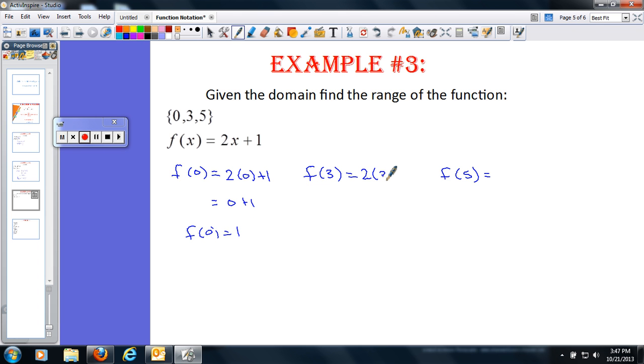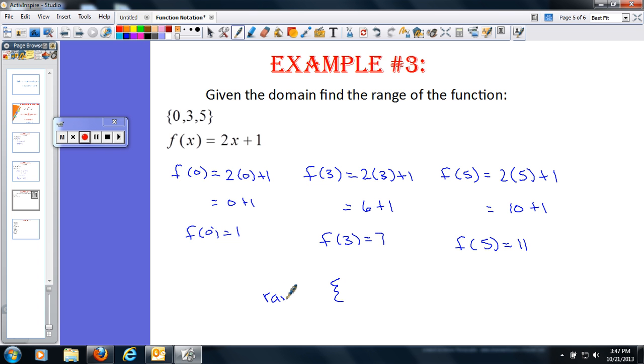This is 2 times 3 plus 1. 2 times 3 is 6 plus 1, which means f of 3 is 7. And this is 2 times 5 plus 1, which is 10 plus 1, which means f of 5 is 11. So my range then is the set 1, 7, 11. And that would be your range.